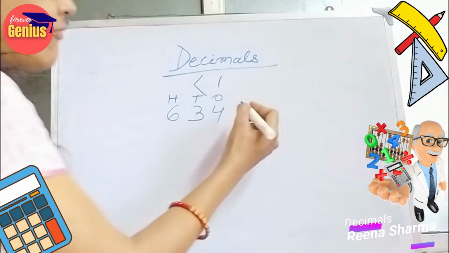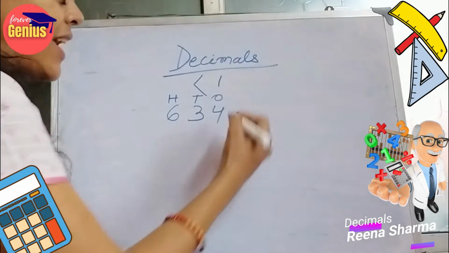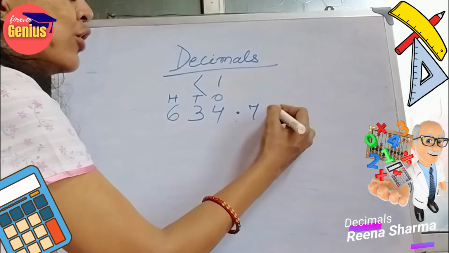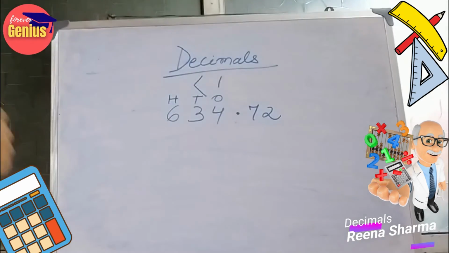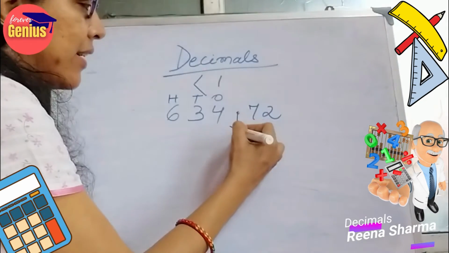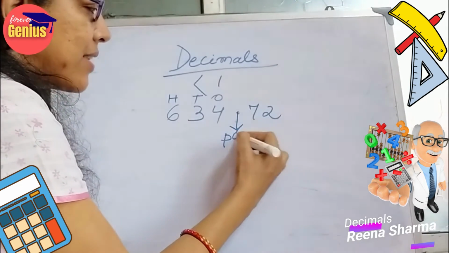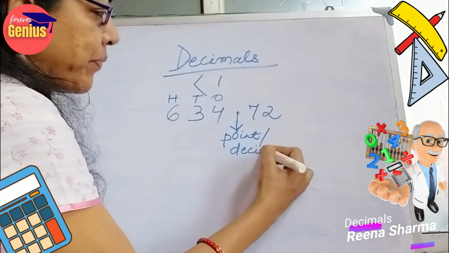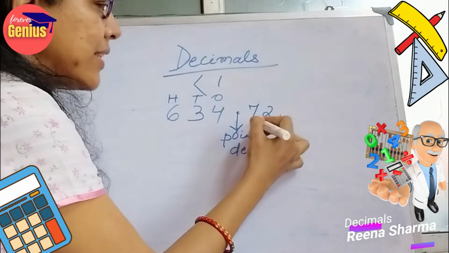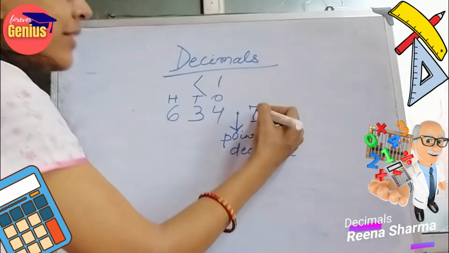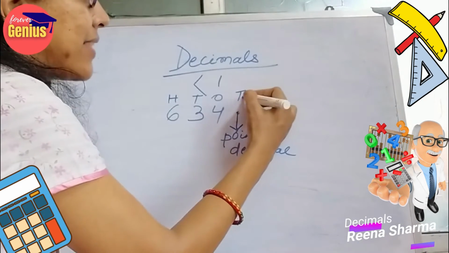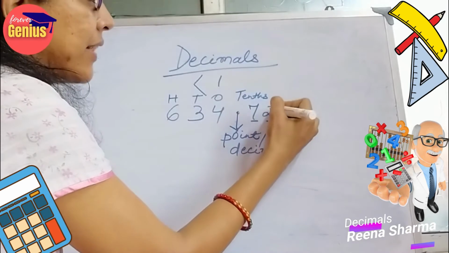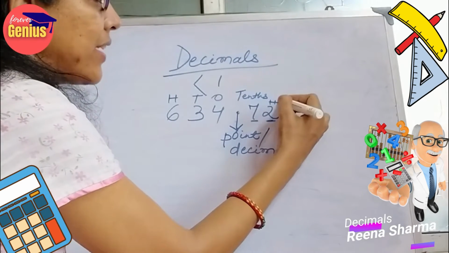But what if a point is given here and then here it is written 7, 2? Then how are we supposed to write? So this point is known as decimal, or we also say it as point. So this 7 and this 2, this is written under tens values and this 2 is written under hundredths values.